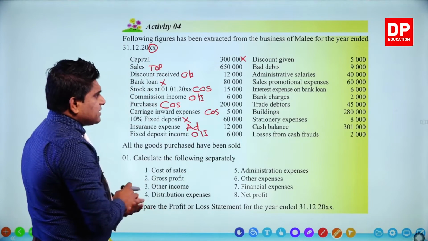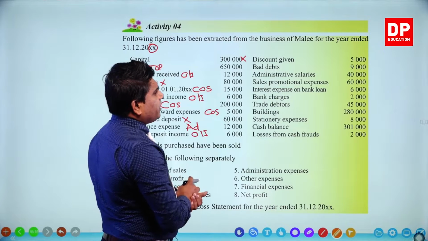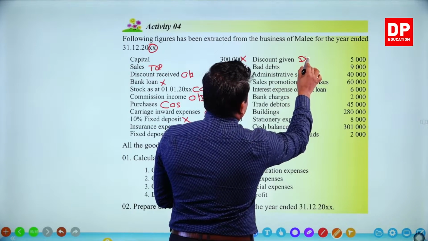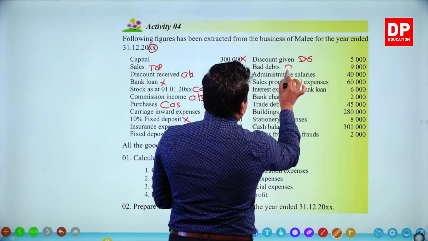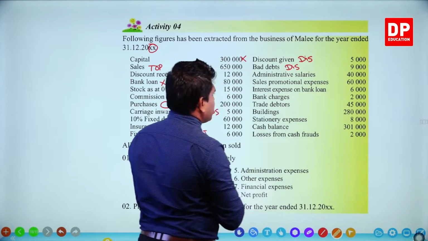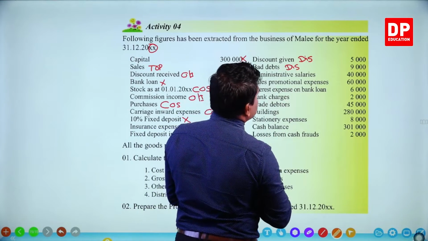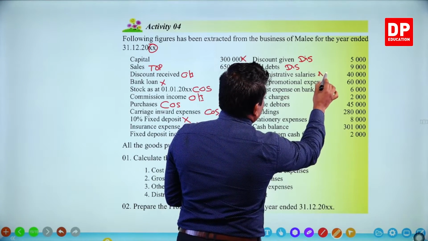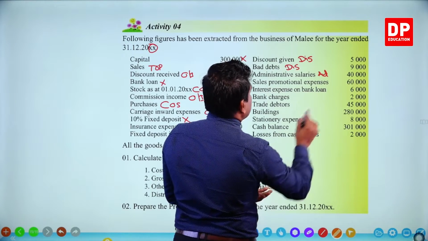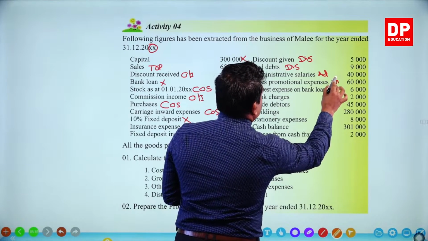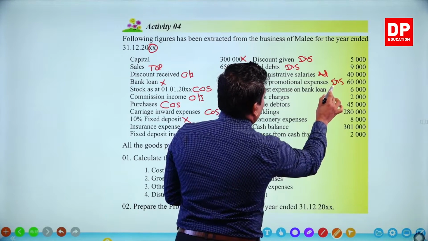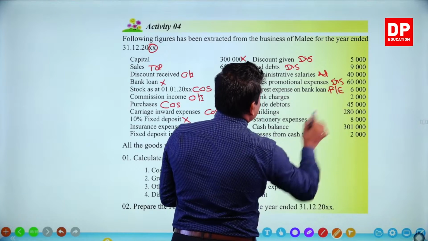Now we move to the other side. Discount given, distributing expense, right? Bad debts also distributing expense. You remember, several times I explained this. Administrative salary, administration expense. Sales promotional expense, distributing. Interest expense on bank loan, financial expense, right?